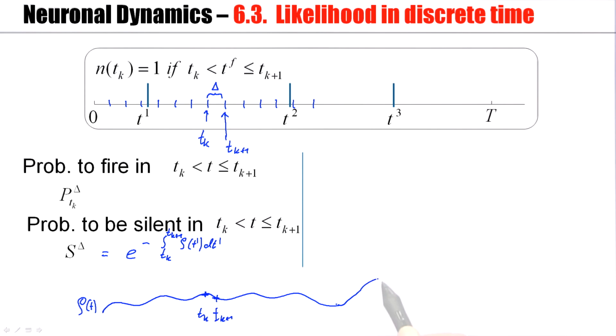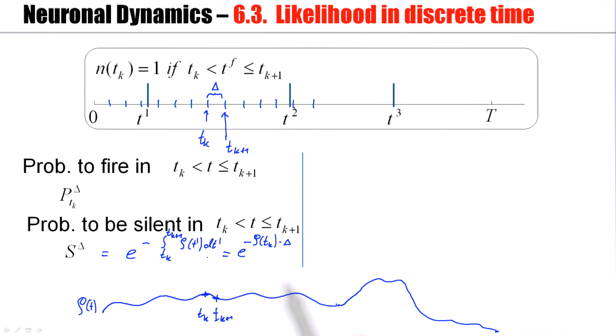Whereas at some other times, it might have a completely different value. So if I say that rho changes little in a small time step, then I can approximate this by the following expression. I just evaluate at time tk, and then I multiply with the duration of this integral.